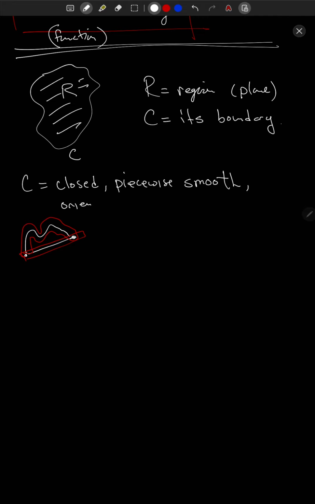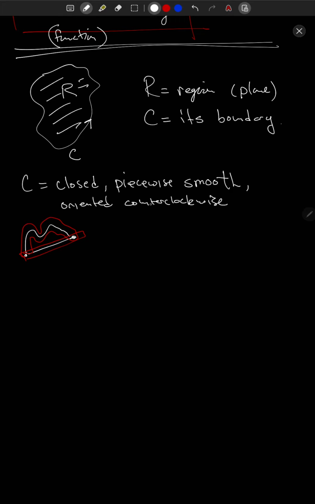Okay, so piecewise smooth, oriented. We want our curve to actually have a direction, and not just oriented, but oriented counterclockwise. So in this picture, we want to associate the direction, this guy right there, to our curve.